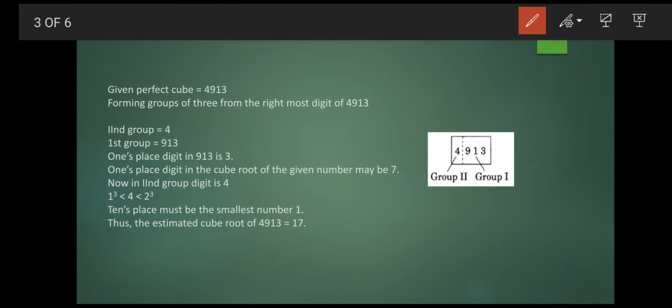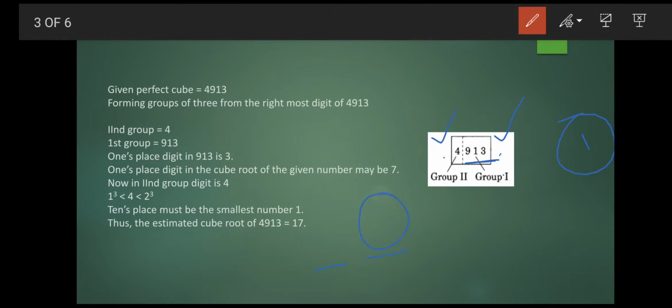What's that? 4913. What is the first step? We will make a group, right? So here we have made one group and here is the other group. Now we'll look at the digit at ones place for group 1 and for group 2. In group 1 the ones digit is 3.